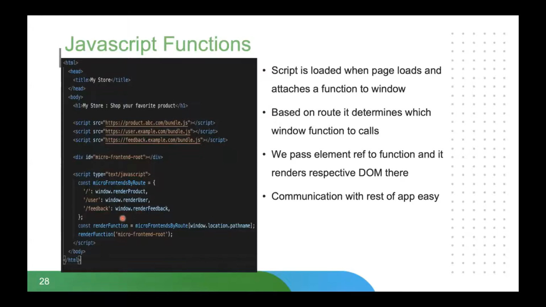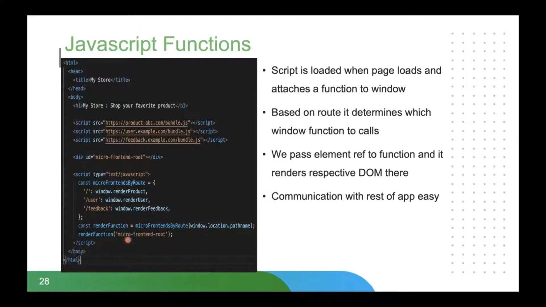If we are on the user page, our application will already determine that the user is on the user page. In that case, it will invoke the window.render user function, and here we can see the render function. It has determined that the user is currently on the user page, and then we will pass our element ID for the micro frontend.